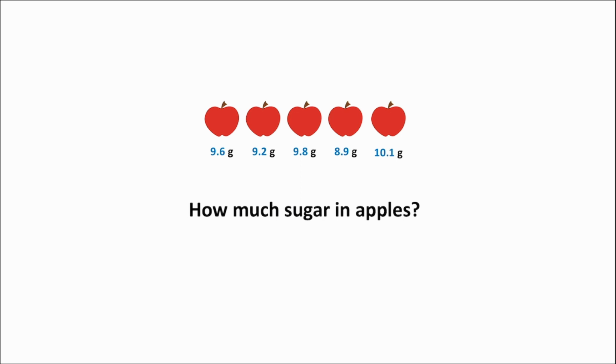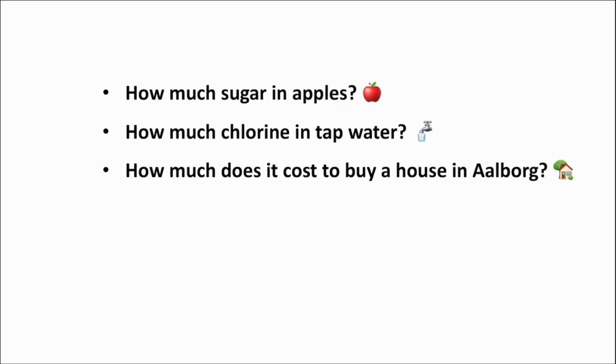You will have this problem every time you do any experiments which are similar to this one. For example, every time you measure the concentration of different chemicals, or every time you measure the yield of a chemical reaction, or maybe you measure the concentration of contaminants in water, or even in simple tasks. For example, you want to buy a house in Aalborg and you want to know how much it costs.